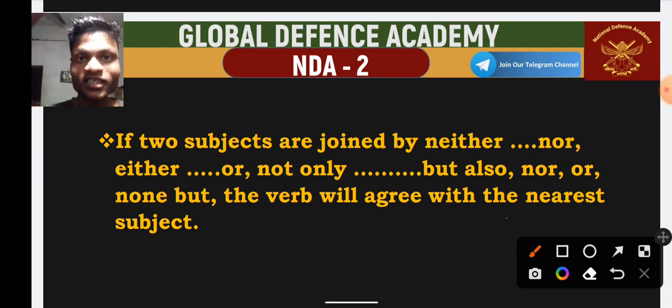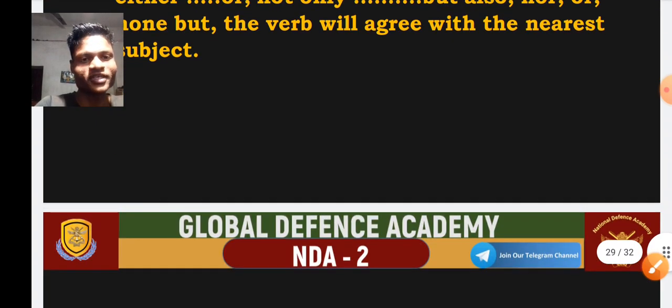The verb is used when two nouns or two subjects are connected with either or, neither nor, not only but also. Then you have to use the verb according to the nearest subject. Let me clear it through an exciting example.